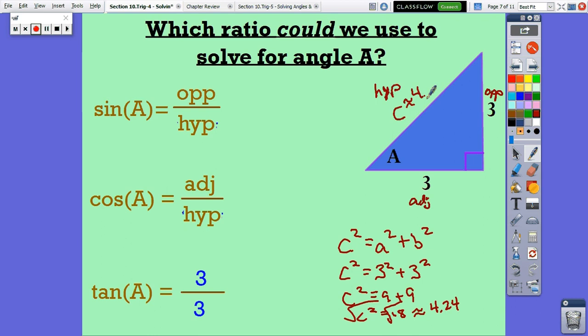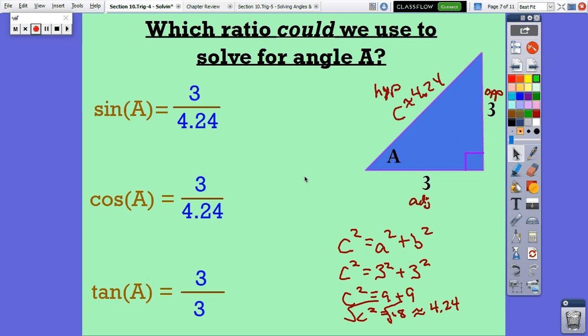So let's say you actually figured out what the third side of that right triangle was. Well, now you could use sine, because the opposite side is 3, and the hypotenuse is 4.24. And the cosine would be 3 for the adjacent side, and the hypotenuse 4.24.